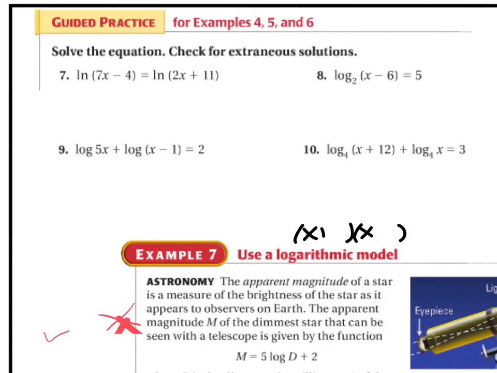But so we're going to have a positive 16 and a negative 4, and that equals 0. And so our solutions could be negative 16 or a positive 4. So let's check those, and we'll see if any of them are extraneous. And I actually had both of them working on that one, so that's kind of cool.